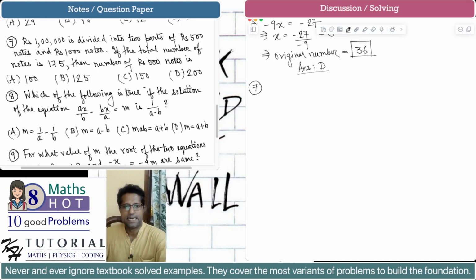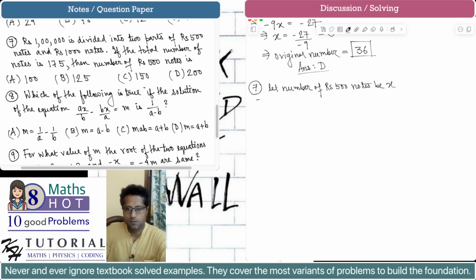Okay, so let the number of rupees 500 notes be x.